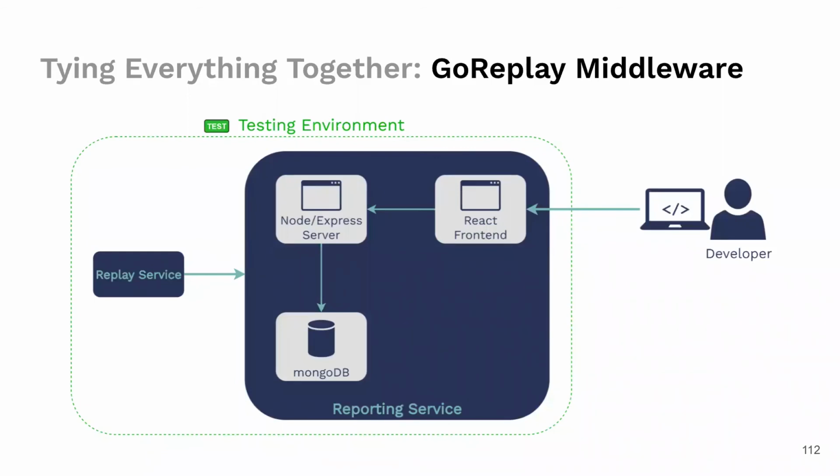Also, thanks to GoReplay's extensibility, and I was making fun of it for not being able to do anything with correlation IDs, but on the bright side, it's highly extensible, we were able to avoid parsing traffic files entirely by writing a GoReplay middleware.